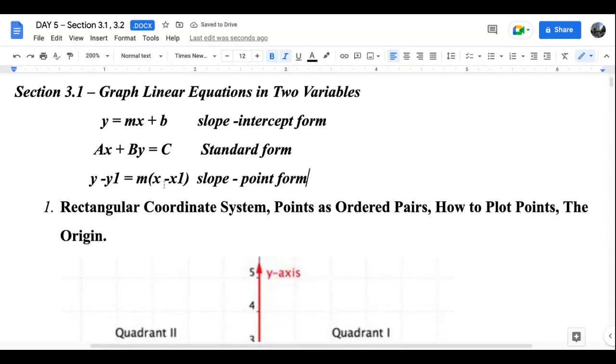We see a slope and a point; x1, y1 is a given point.